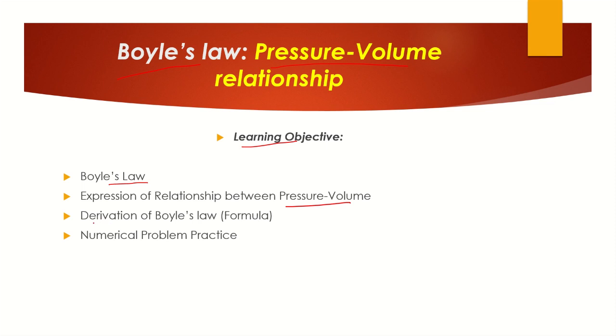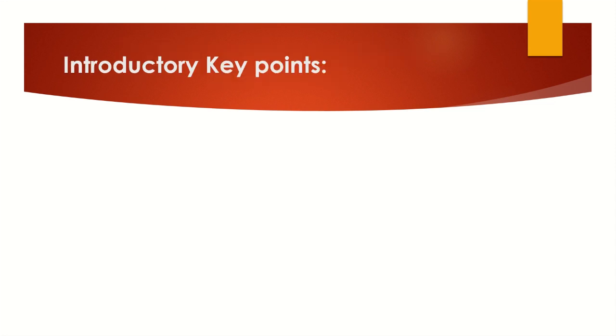After that, we will also look at how to derive Boyle's law and the formula that we are going to get from Boyle's law. And the last learning objective is numerical problem solving, or problem practice. So with these four learning objectives, we will be able to understand Boyle's law.